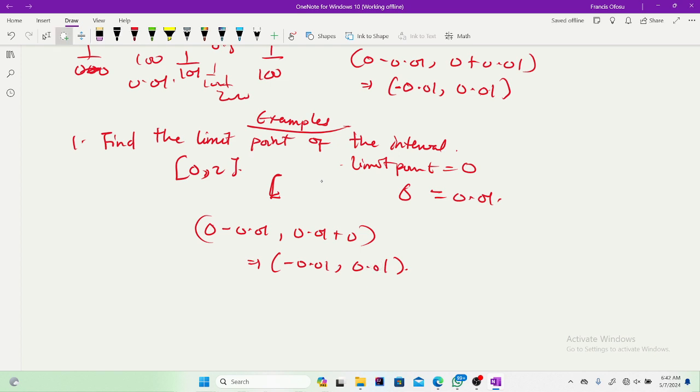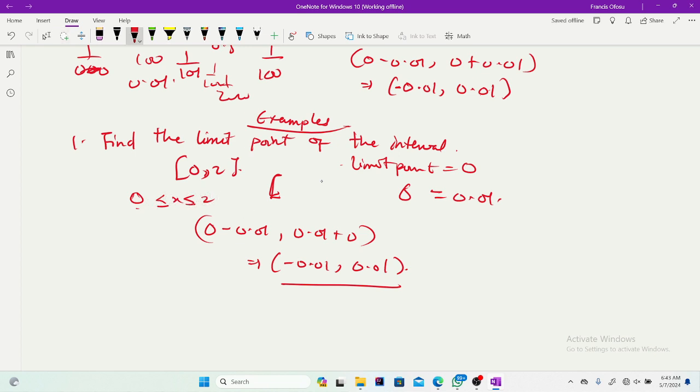In this interval, do we see any member of this set within here? This starts from 0.000001. There are dense numbers here. Whenever you have an interval, s is greater than or equal to 0 but less than or equal to 2, this means that the numbers within it are dense.